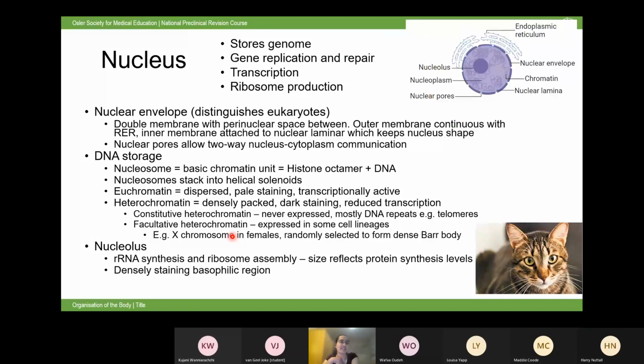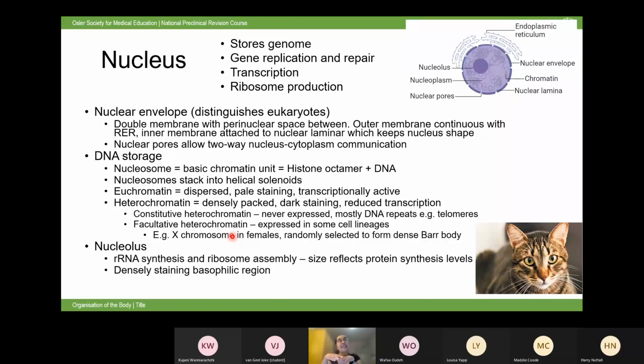And then in terms of the nucleus, again, it has a double membrane, and essentially you just need to know a little bit about DNA structure. So the important thing to remember is that DNA is essentially stored in nucleosomes, a nucleosome being 8 histones, which are proteins, and the DNA wraps around the histones to produce a nucleosome, and the nucleosomes then organize themselves into the double helix that we're all familiar with.